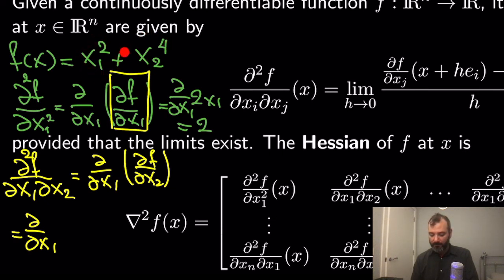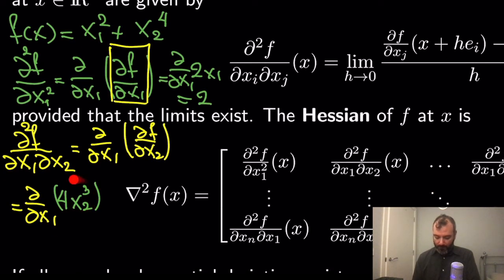So it is 4x2 to the power 3. Now, I want this quantity to be differentiated with respect to x1, but there is no x1 here. So the result is 0.